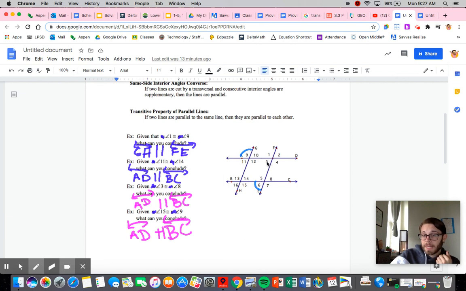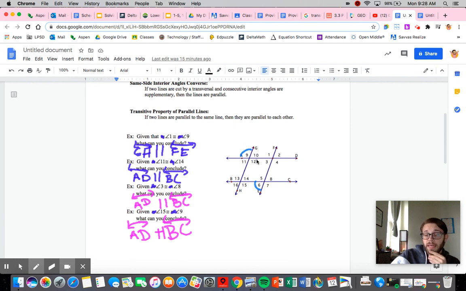We're not seeing any alternate interior angles, alternate exterior angles, or same side interior angles. It's very hard to make any judgments based on this. We really can't do anything with this information. We could potentially try to figure it out using linear pairs and vertical angles, but at this point I can't directly say anything about these lines yet. I need to do more work.